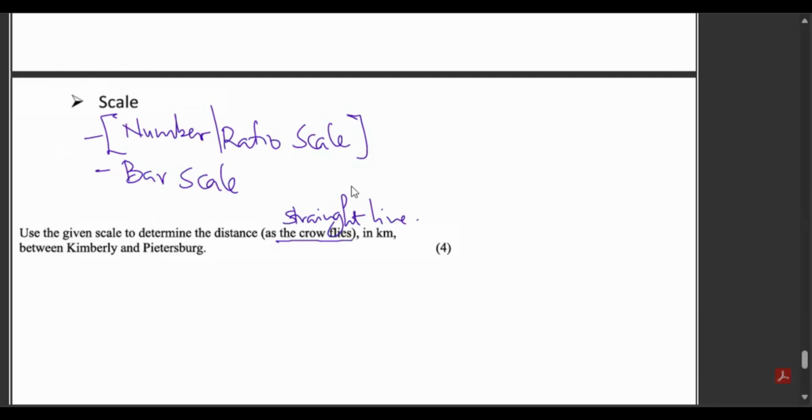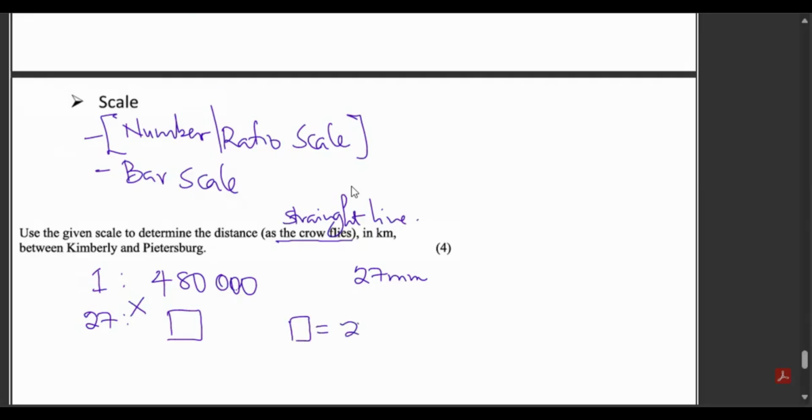Now, for example, if the scale is 1 is to 480,000, and on the map usually we measure. So if on the map you've measured, let's say, 27 millimeters, what will it be in real life? So we say 27 to what? Cross multiply. Meaning the missing number will be 27 times 480,000.